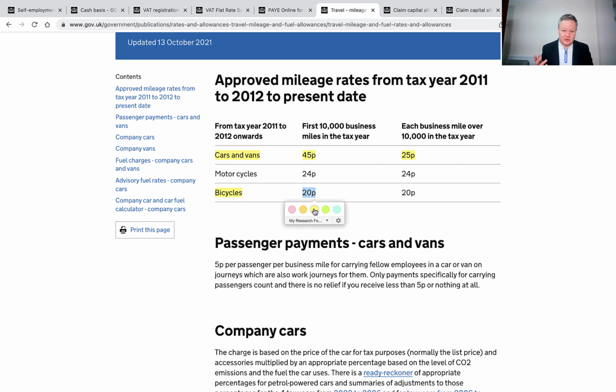But you could claim 20 pence per mile for a bicycle, and that doesn't change either. But that's fascinating, isn't it? So you can keep fit and still claim mileage against your business activities. I do see a lot of people ride bikes, especially around London, where it's actually easy to get around. People make this mistake because they do not claim mileage on their bicycle, which is really crazy.